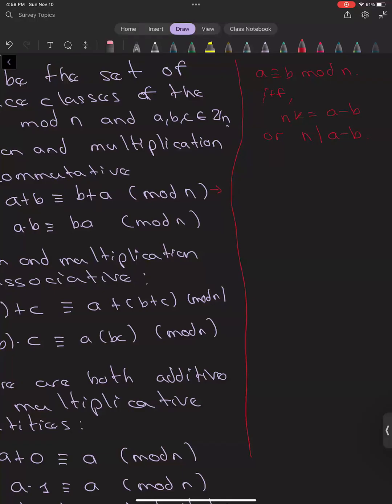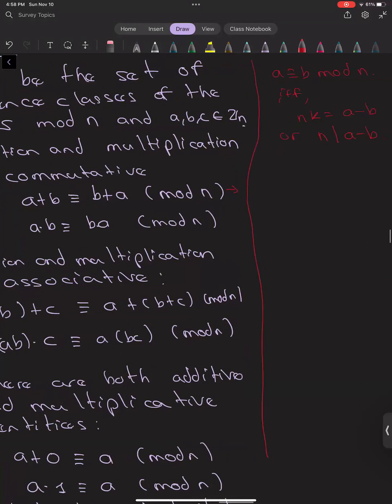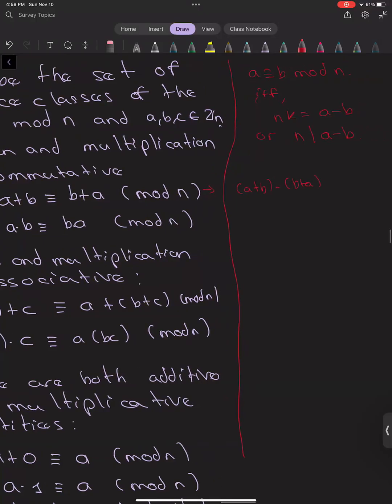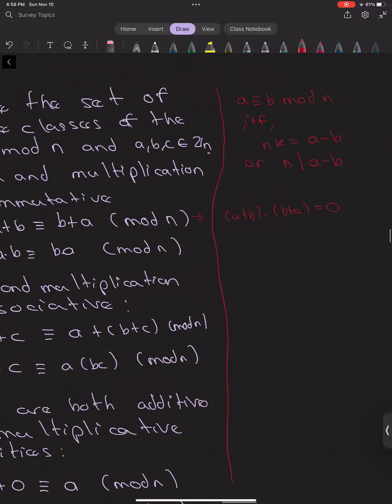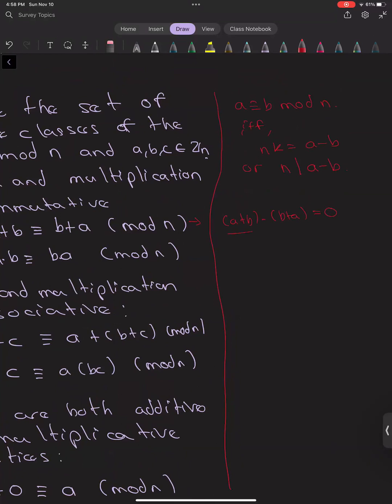So if I subtract these two, this is trivial because a plus b minus (b plus a) is equal to 0, right? Because they're integers, so any k will do.